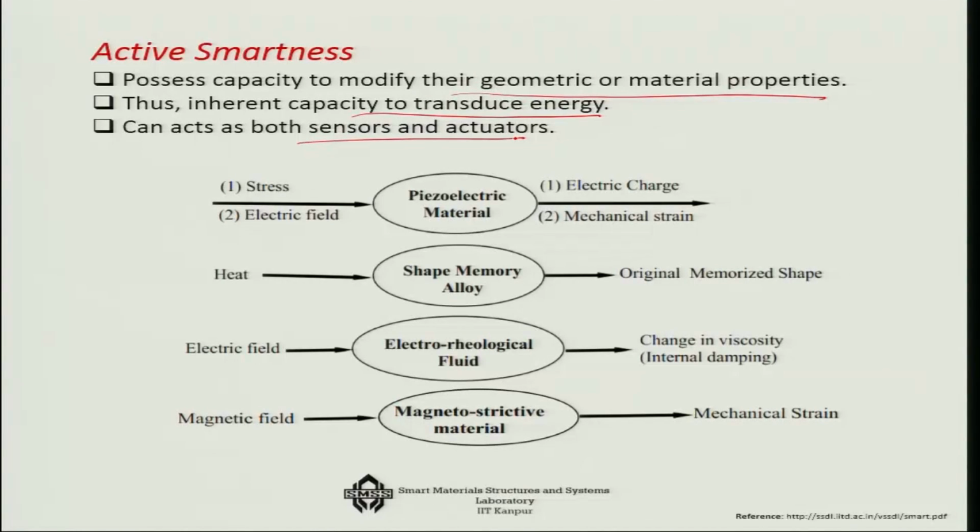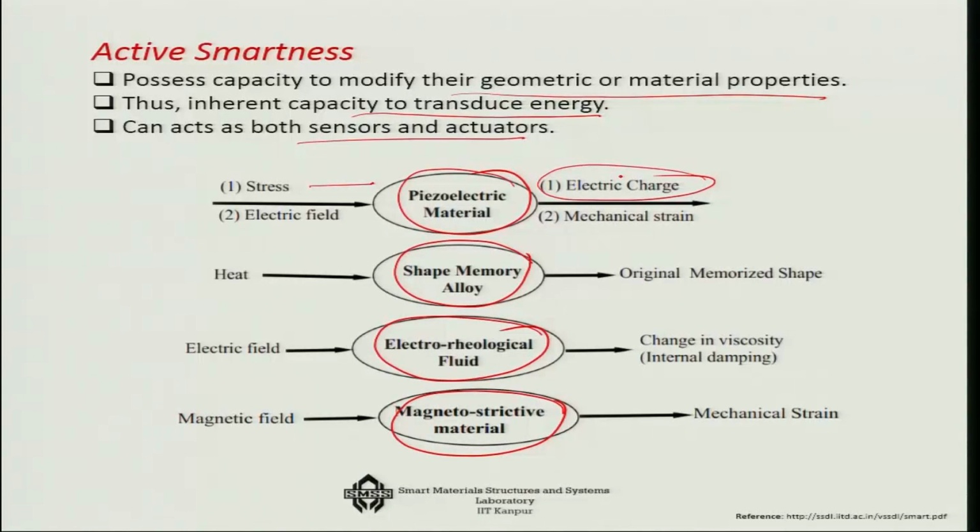Now, the four very important materials which are used in the group of smart materials almost on a regular basis are piezoelectric material, shape memory alloy, electrorheological fluid, and magnetostrictive material. For piezoelectric material, if I apply stress, I will see a change in terms of the electric field.